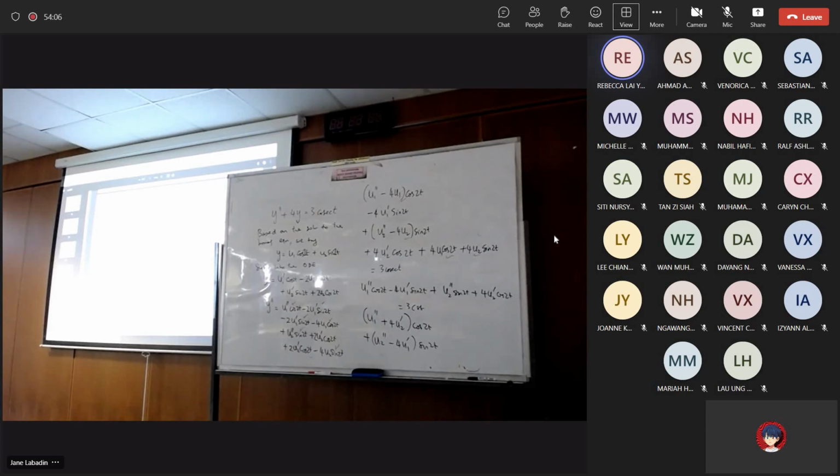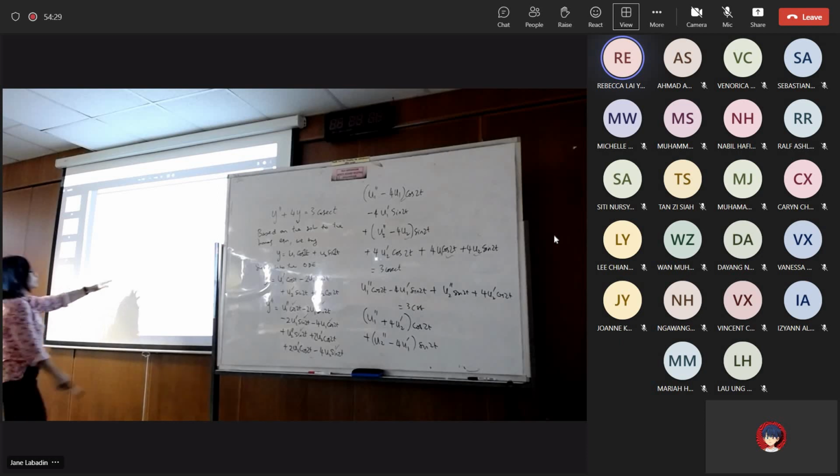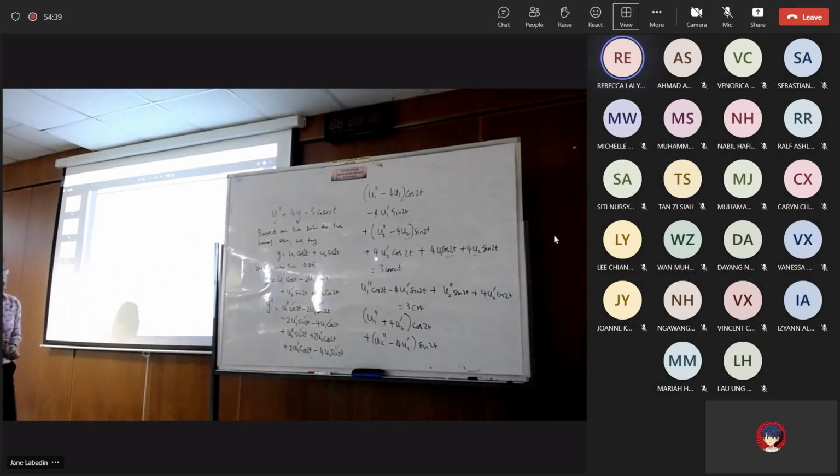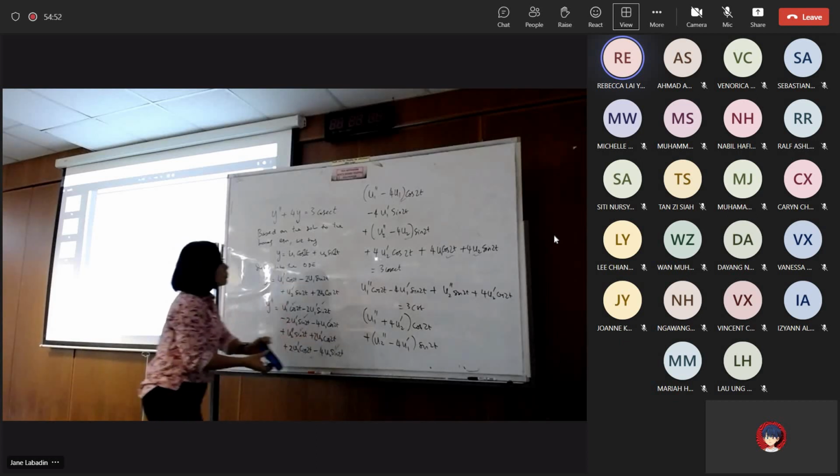Okay, so note that we need two equations to solve for u. The first equation is the differential equation. Because that u1 cos 2t plus u2 sin 2t equals 0, right? So we can just substitute that from y prime. Let's set a condition: u1 prime cos 2t, which is this, and u2 prime, which is this, is equal to 0.